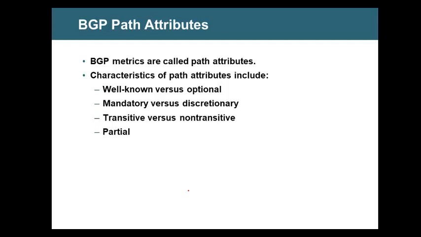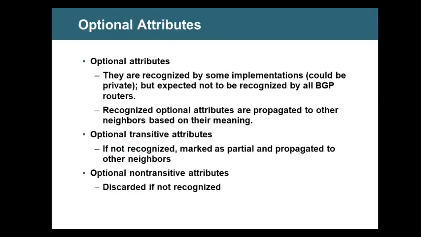Well-known means popular, isn't it? Well-known, popular attributes. Example, I have told two. Remember, you may need to answer this in the interview. Next hop, AS path, AS number. Without this, you will not find any advertisement.